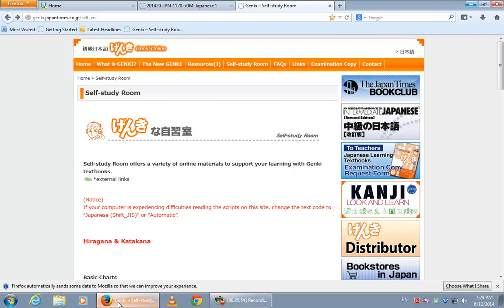So de basically is going to be used to indicate the place at which you are doing some kind of action. For example, restaurant de sushi o tabemasu. Eating sushi at a restaurant. Make sense? Party de sake o nomimasu.